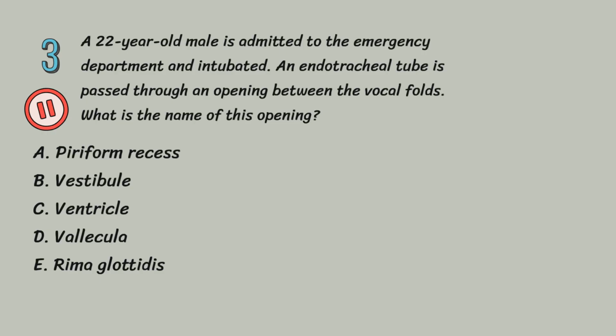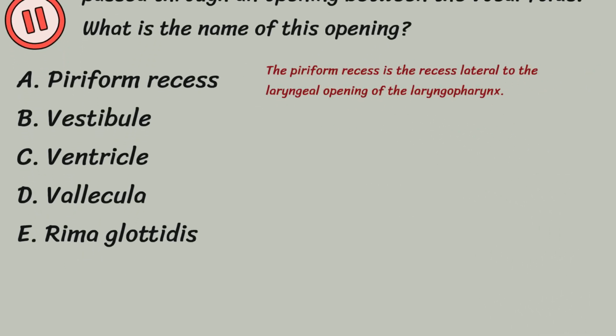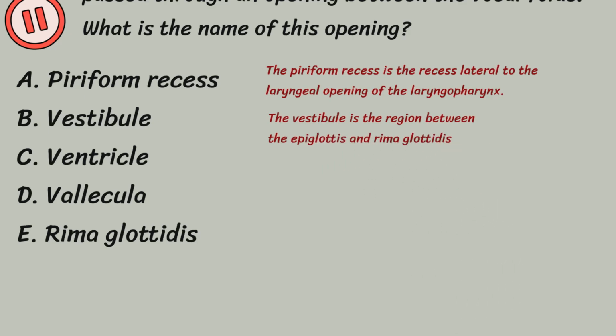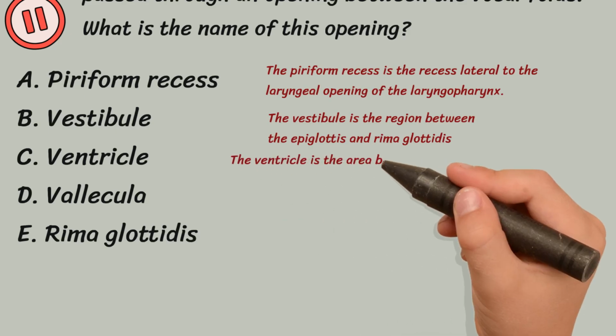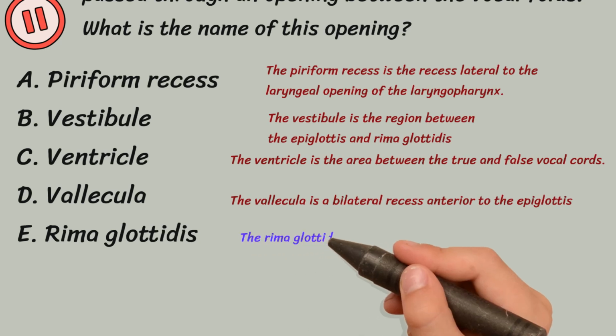Now let's focus on these parts. The piriform recess is a recess lateral to the laryngeal opening, which is not inside, so the tube does not enter this part. The vestibule is a region between the epiglottis and rima glottidis. Also, we cannot enter our endoscope there. The ventricle is the area between true and false vocal cords, and the vallecula is the bilateral recess of the anterior epiglottis.